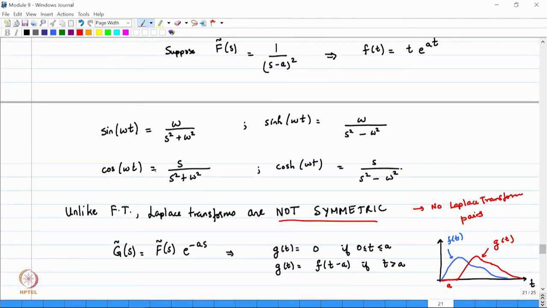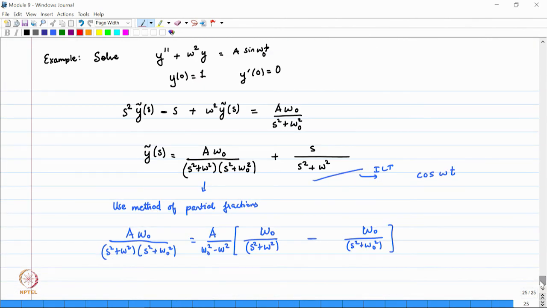Cosine has an s over s square plus omega square, sine has an omega over s square plus omega square. So, if I had an omega here, this would look like sine. So, I can write this as simply a over omega 0 square minus omega square. This will go outside. This is independent of s.